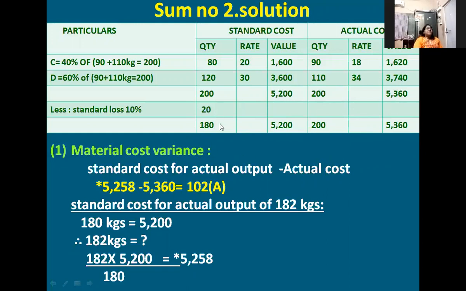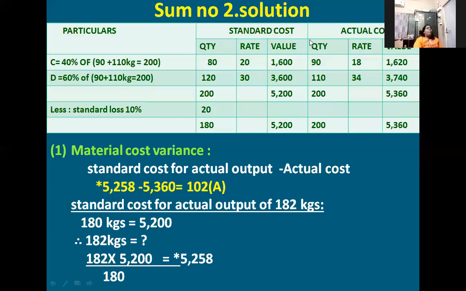Only the standard quantity changes, because we may expect some standard loss, that is 20. So 200 minus 20, 180. So 180 is equal, and then the 5200 value. Again I rewrite the 200 here, and the 5360 in the last row also.